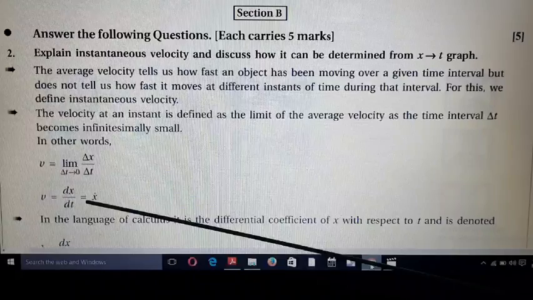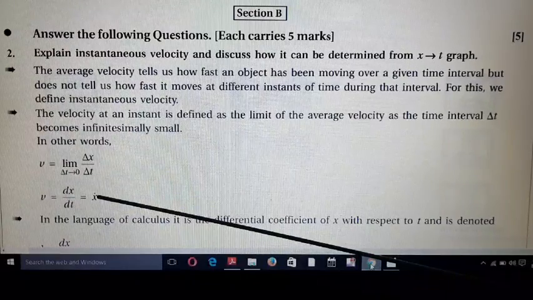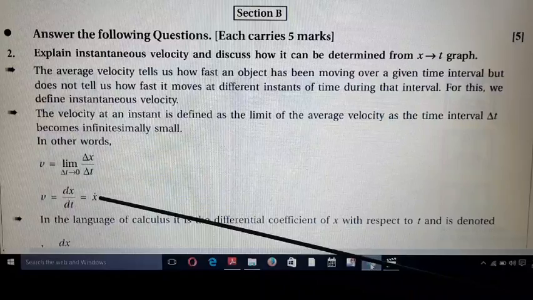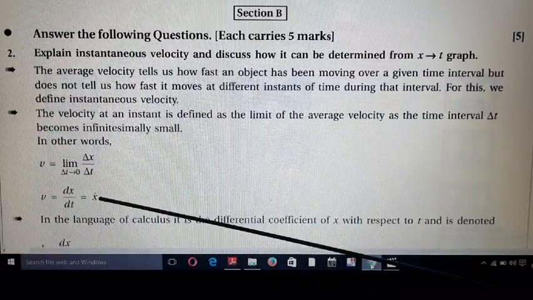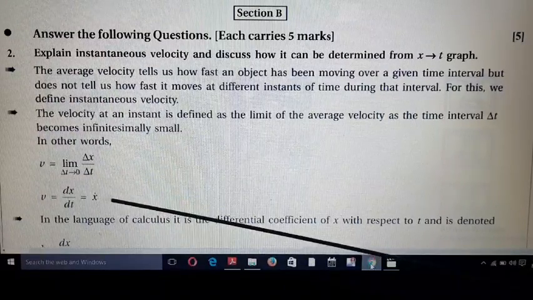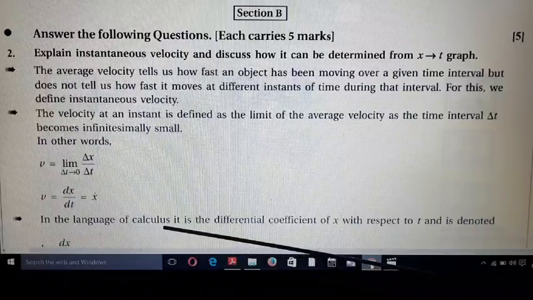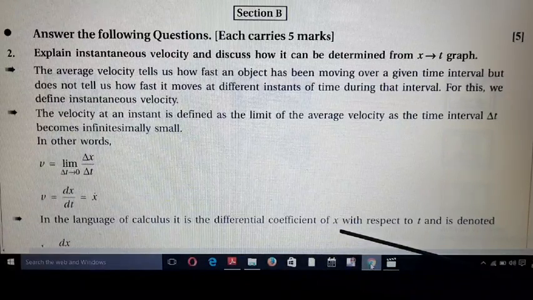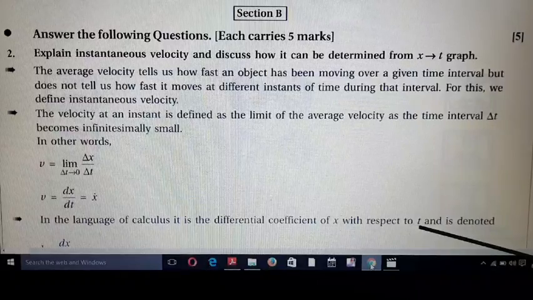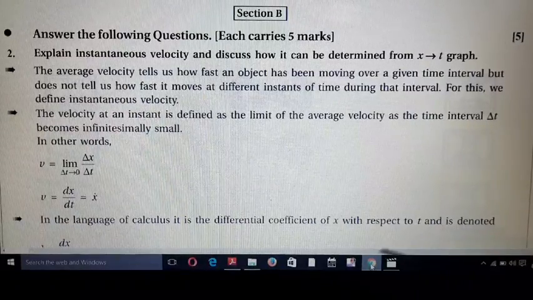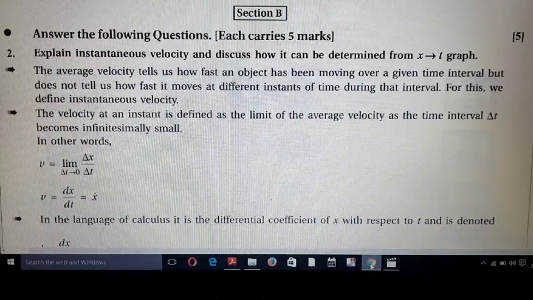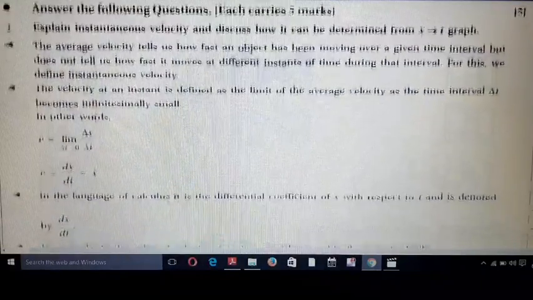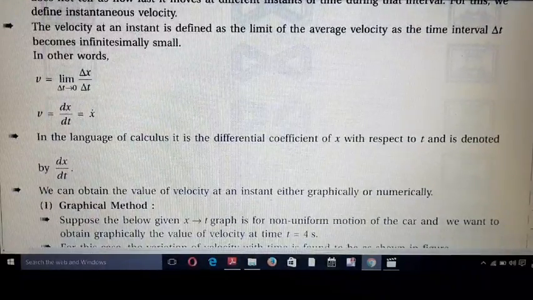It is denoted by x dot, meaning the first derivative of x with respect to time. Okay. In the language of calculus, it is the differential coefficient of x with respect to t and is denoted by v is equal to dx upon dt.